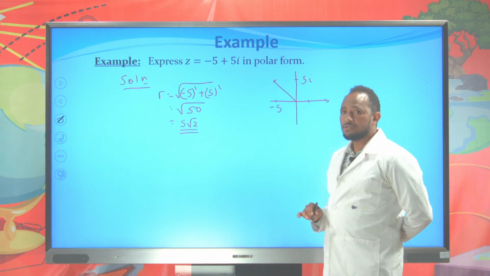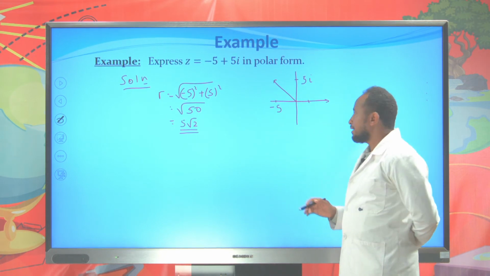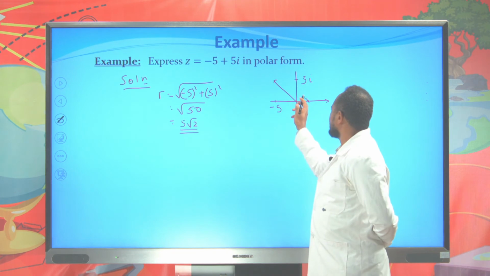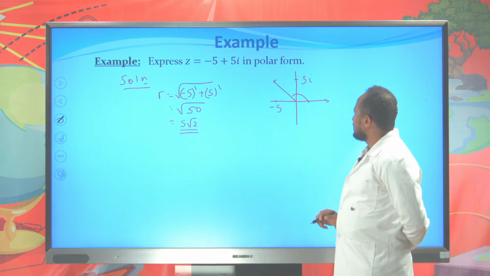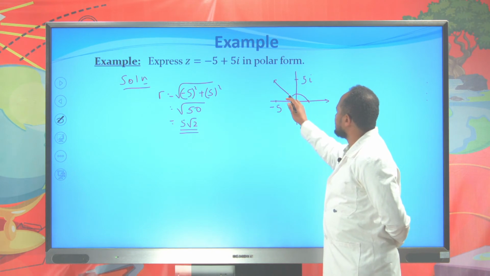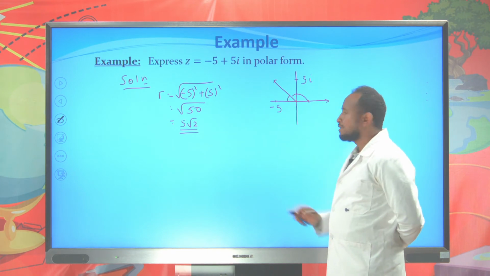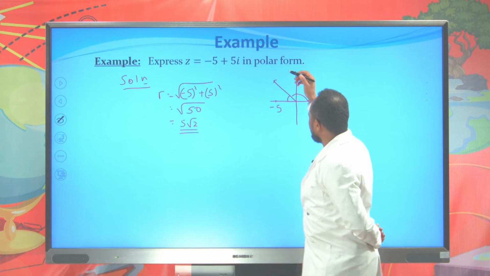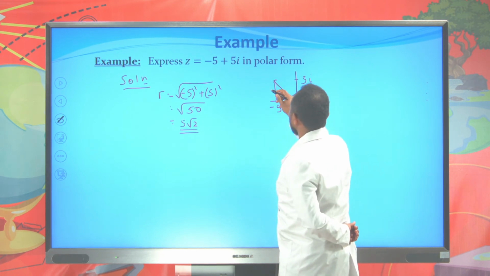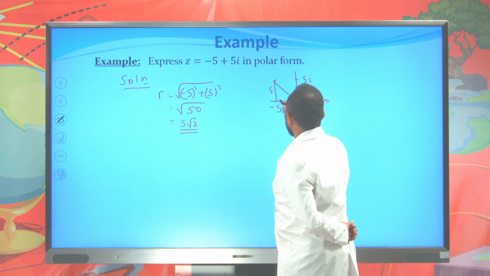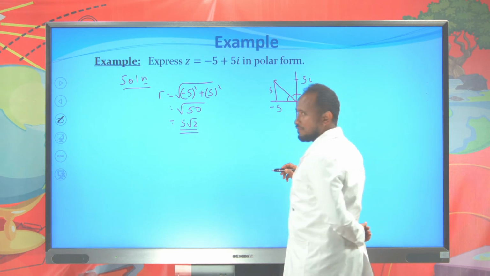Our theta, as I said earlier, is the angle from the positive axis to the vector of this complex number z. So I need to find this angle first. The length of this side is 5, and the length of this side also is 5.